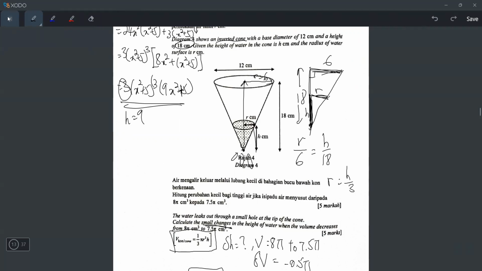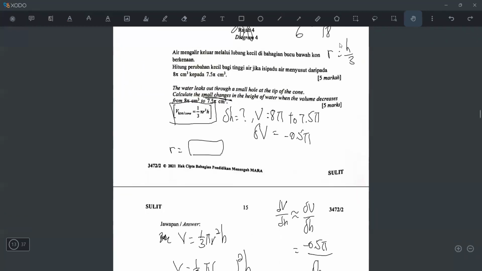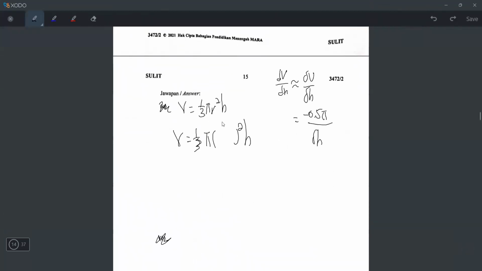That's why the r, you have to replace with h over 3, okay? So like this. Now you can differentiate already, but expand first. 1 over 3 pi h square over 3 square, so 3 square is 9, right? So over 9. And then times with h.